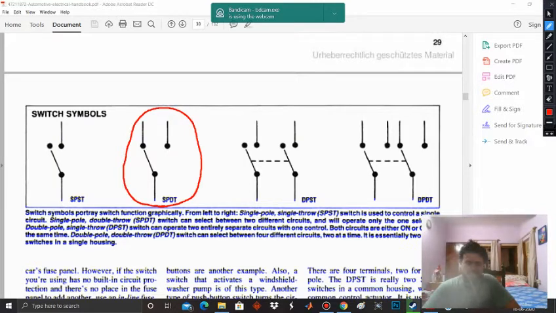So suppose you have a battery over here. Say the battery voltage is V equal to 10 volt. Now let us place the SPDT.